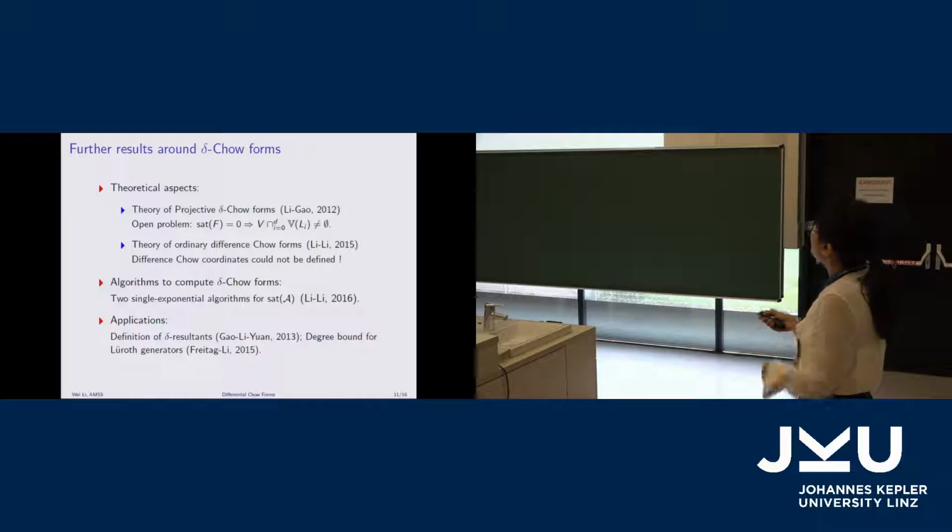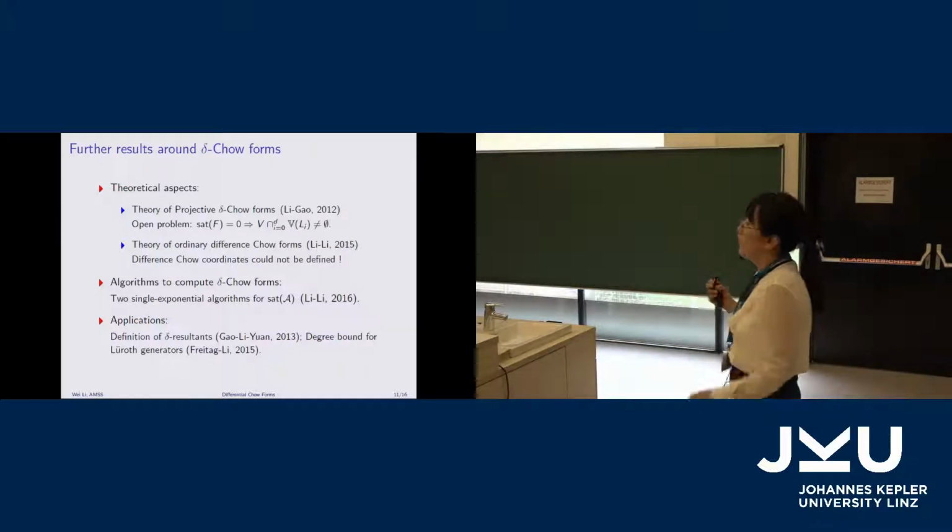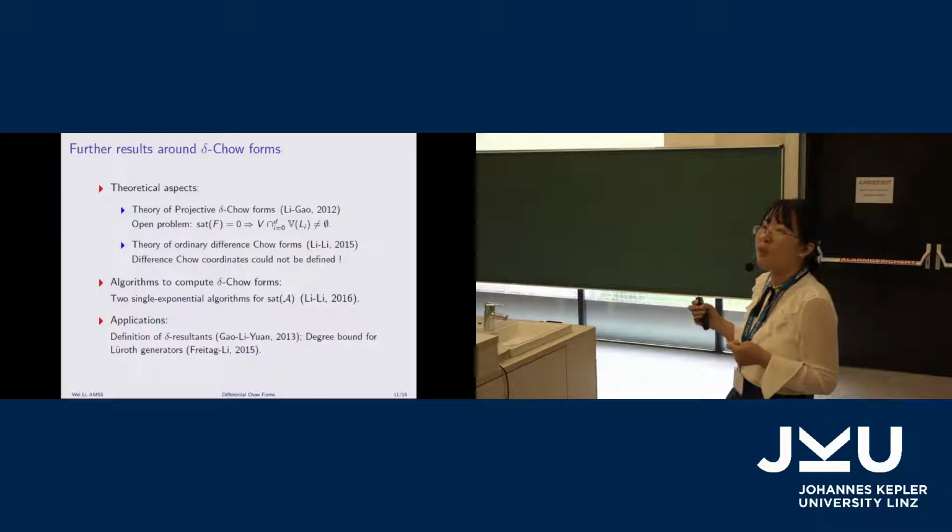And we also developed the theory of ordinary difference Chow forms. But for the difference case, things become worse. Even for difference Chow coordinates, we couldn't define them, because in the difference case, for one irreducible difference polynomial, there may be several general components.